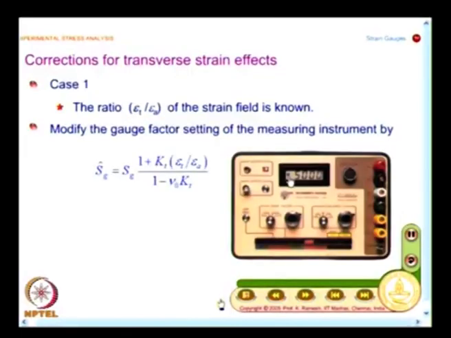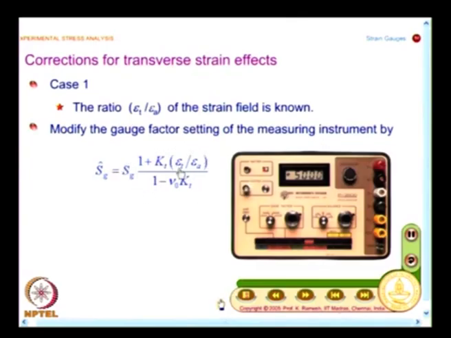And we looked at two possibilities. The first case was that we know the ratio of the transverse strain to the axial strain. If I know this ratio, then the error due to transverse sensitivity effects can be easily handled by defining a modified gauge factor, which can be determined from the parameters that you know.